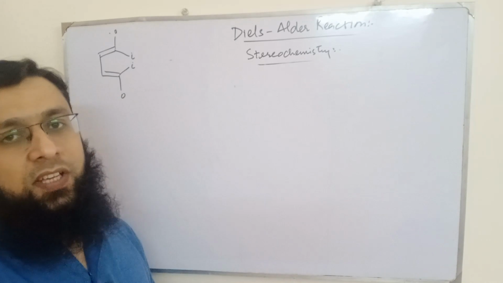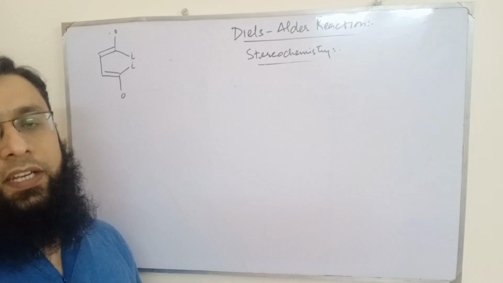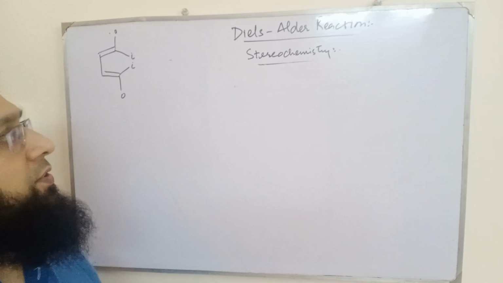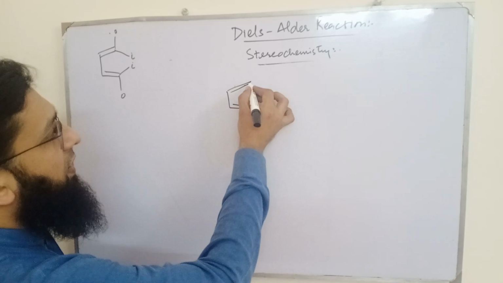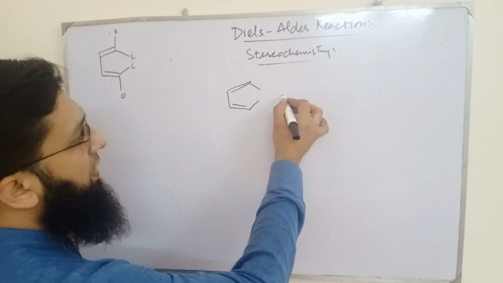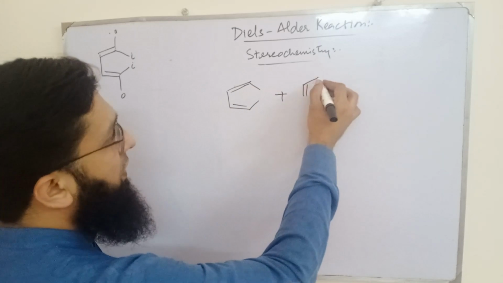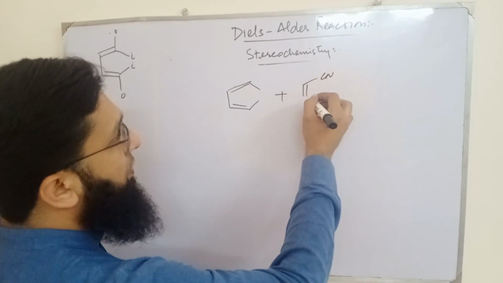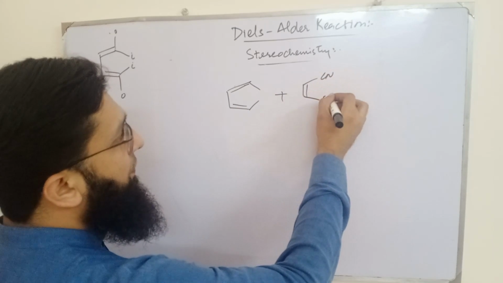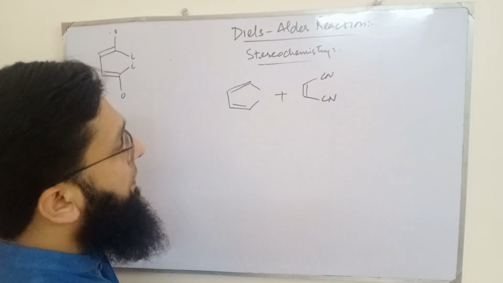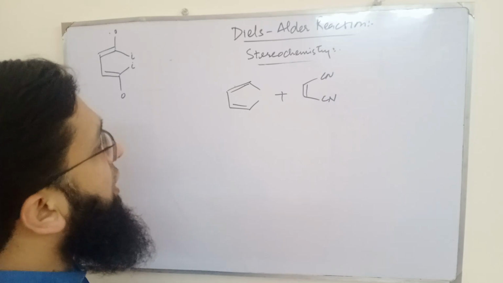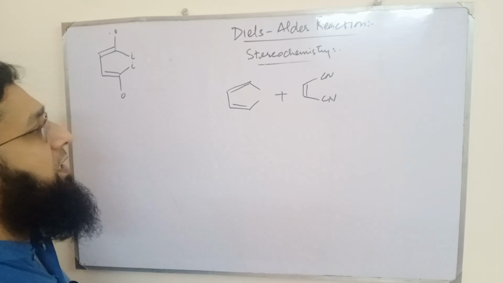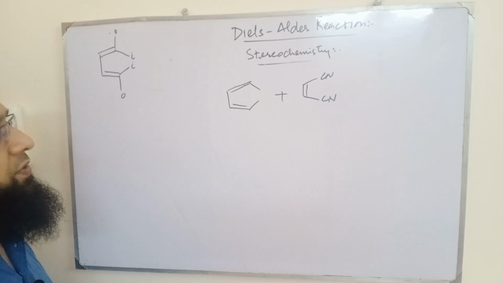Now we will see examples in which both the diene and dienophile have substituents. For example, we have this diene and it has substituents like this, and we have a dienophile, for example, it has a substituent like this. In general, a dienophile can attack a diene via two approaches.